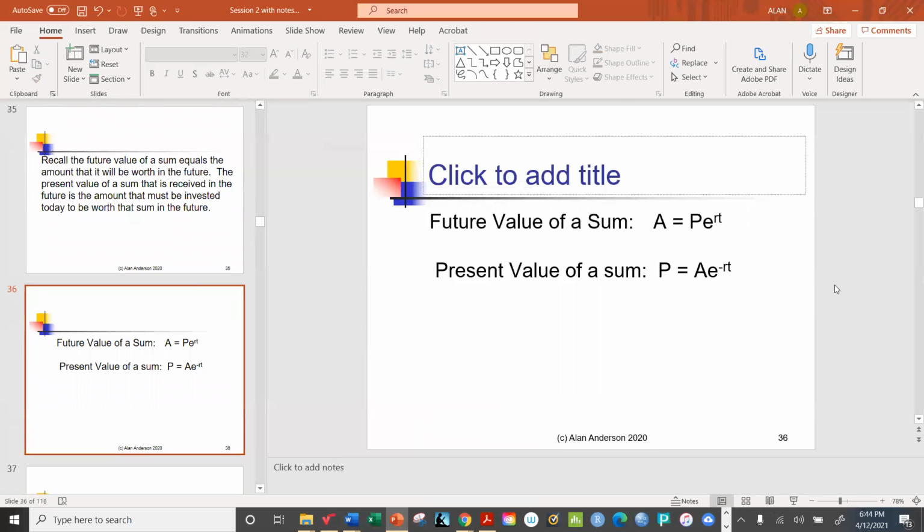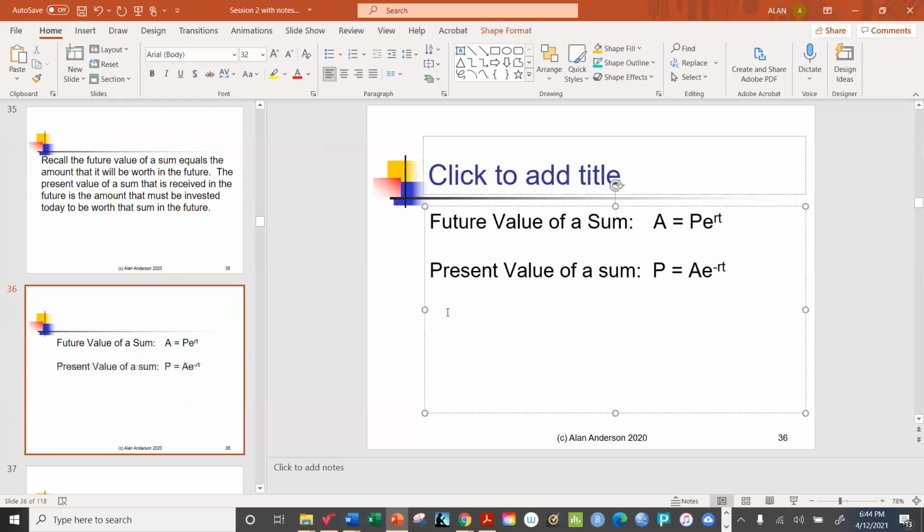So in other words, you can see they're just inverses of each other. The only way you can really tell them apart is that here the exponent is negative and up here it's positive. So this formula that we're working on right now actually incorporates both of them.